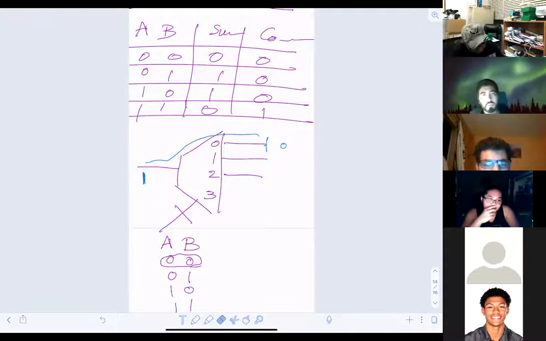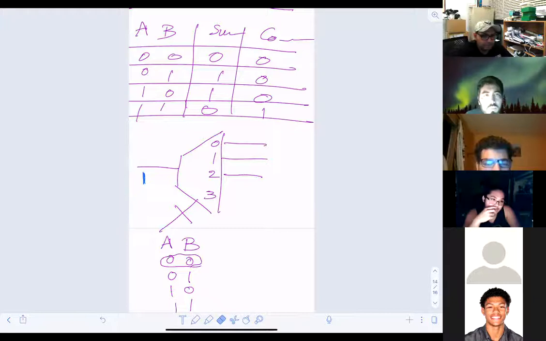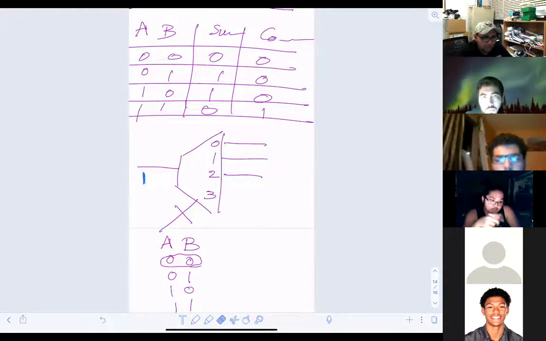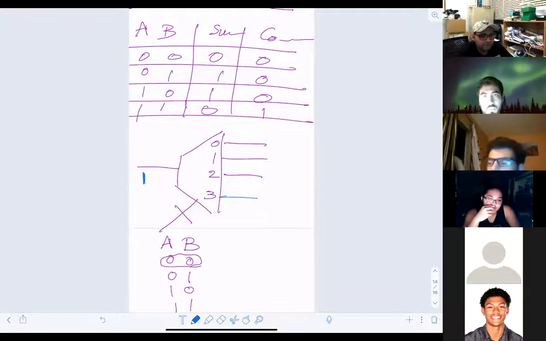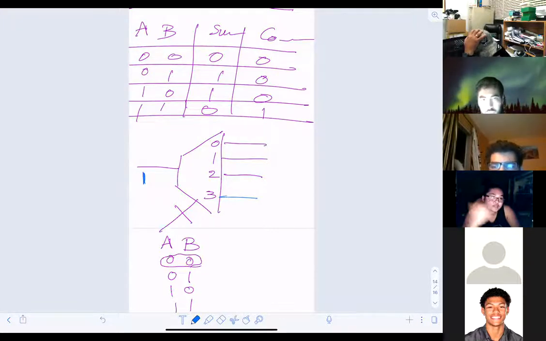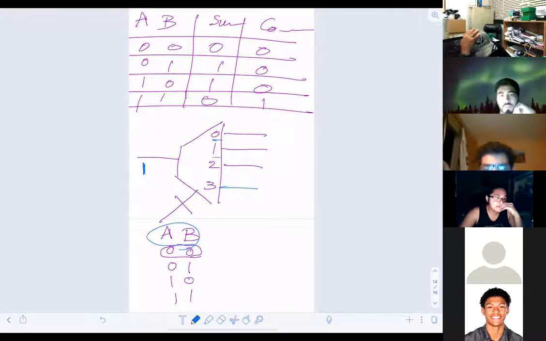Could you explain this one again? The demultiplexer, this one, right? Tell me what. I can understand how to do it with logic gates like NAND or XOR, but for some reason this is a little bit harder. I'll tell you. AB is 0 and 1 and 2 and 3, right?